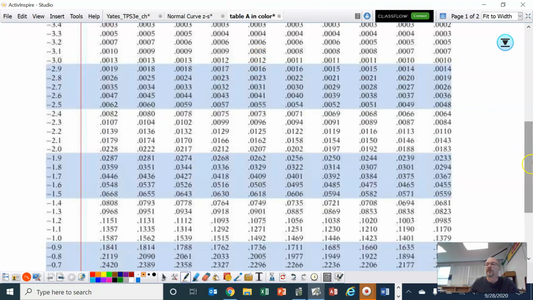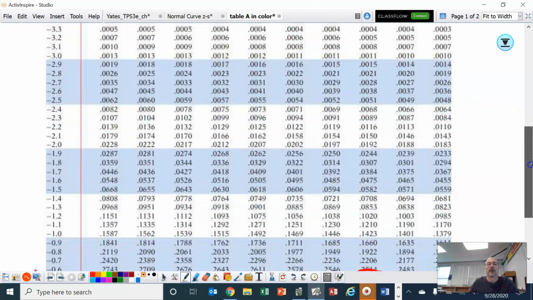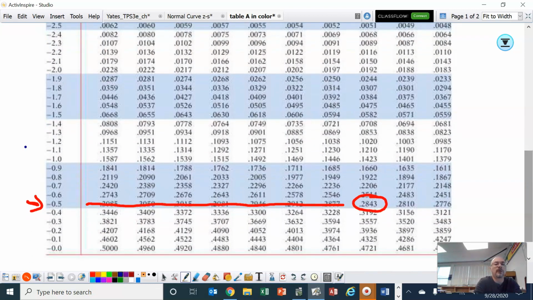Let's see. The 4, ladies and gentlemen, is going to be the 1, 2, 3, 4, the fifth column. And the negative 0.11 right there. And I'm going to go over 1, 2, 3, 4 to the fifth column, which is right there. So 0.1271.